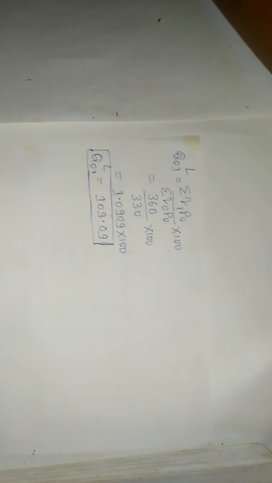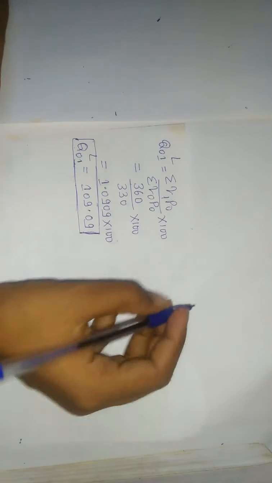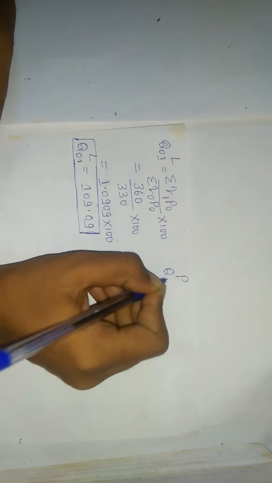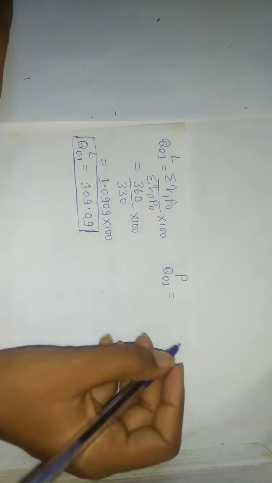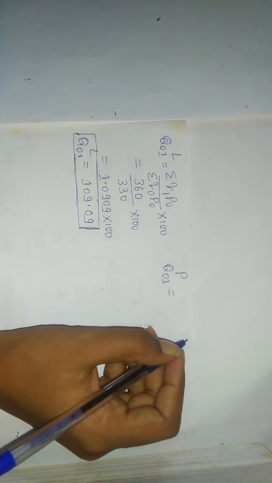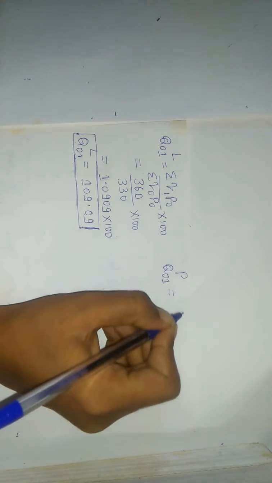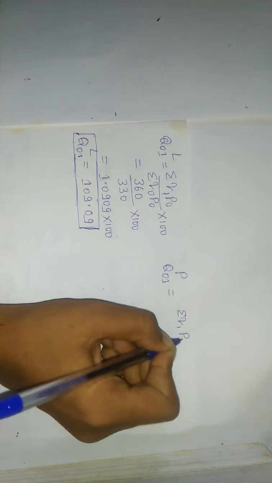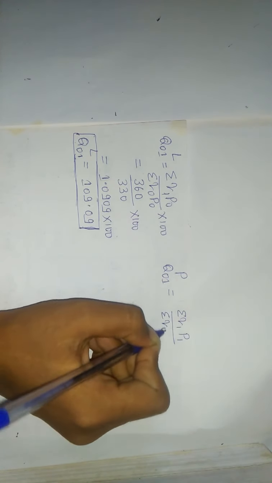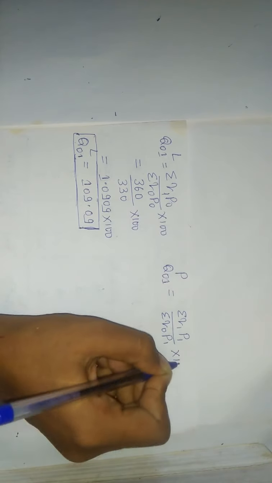This is one of the important ones. Okay, next one, Paasche's formula. Here, Paasche's quantity index number. What is the formula for calculating Paasche's quantity index number? That is summation Q1 P1 divided by summation Q0 P1 into 100.